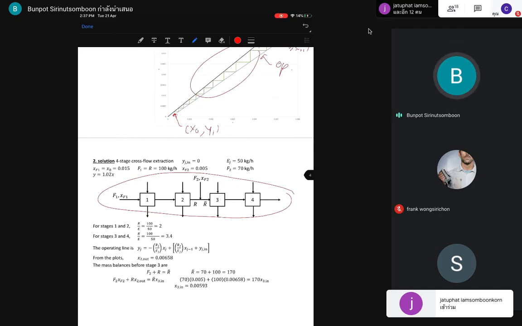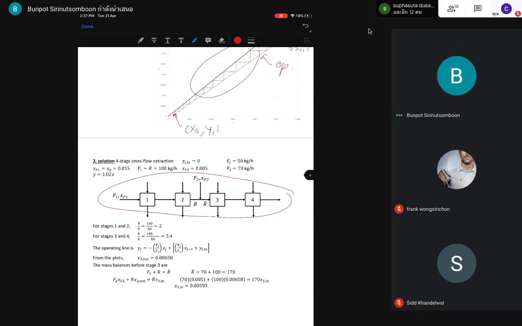The trickiest part is this middle feed right here. Usually you only have one raffinate feed, but this time you have a feed that gets into the middle of the process, like this one. So it's going to make our calculations a little bit more complicated.